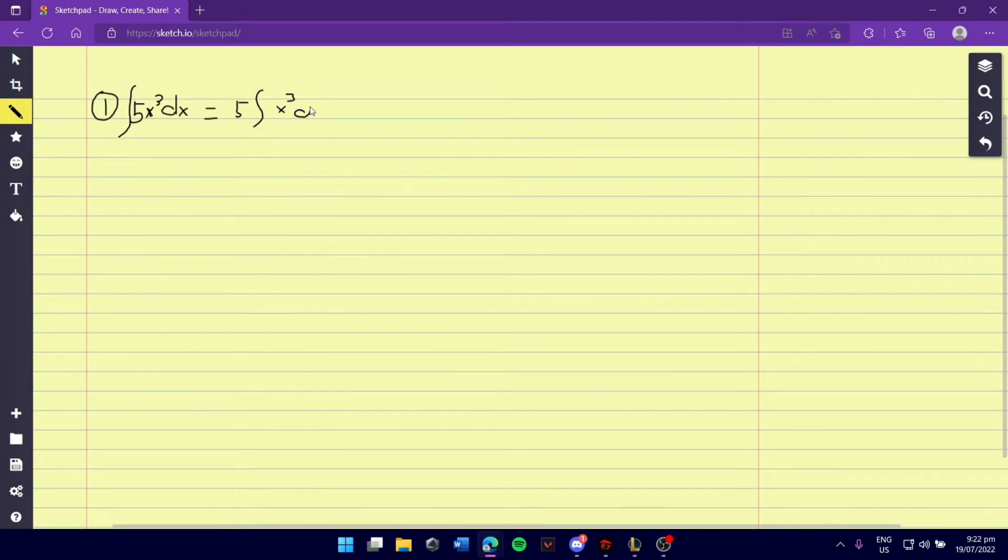Copy x cubed times dx. We integrate x cubed by adding 1 to our exponent and then dividing by the new exponent. So we have x raised to 4 over 4 plus our arbitrary constant. We can simplify this term. It will become 5 fourths x raised to 4 plus c. Now this is our final answer for example number 1.